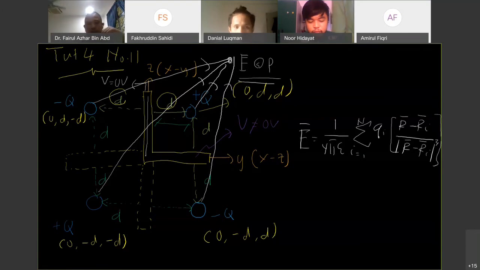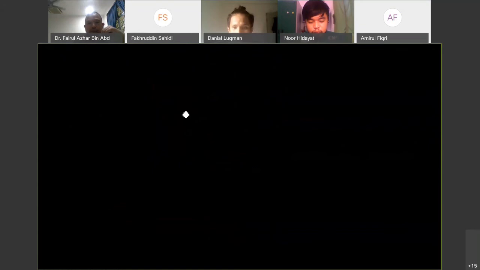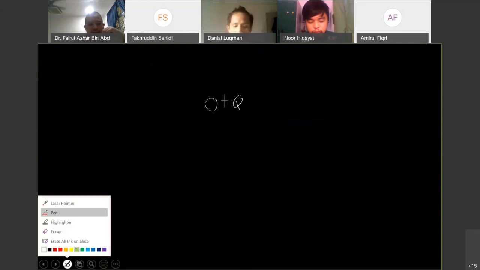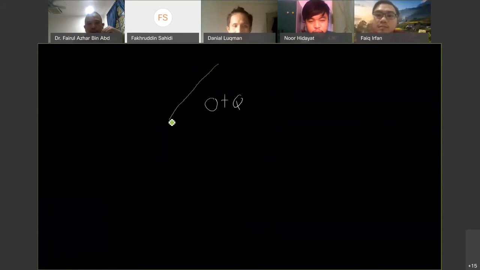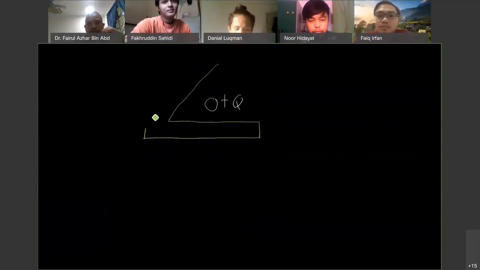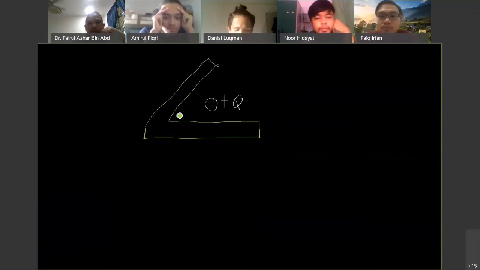So let's say we have another arrangement like this. We have one charge, for example positive Q, and let's say the zero plane is something like this shape, and the angle here is, for example, 60 degrees.